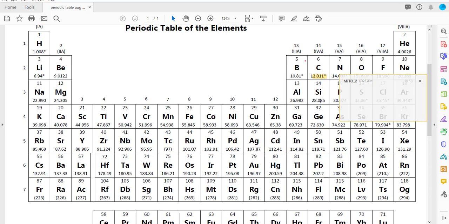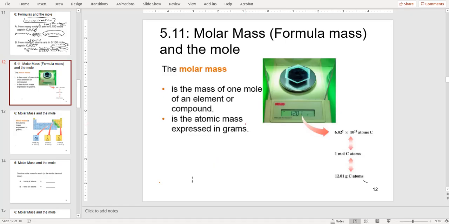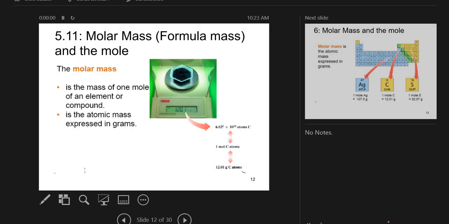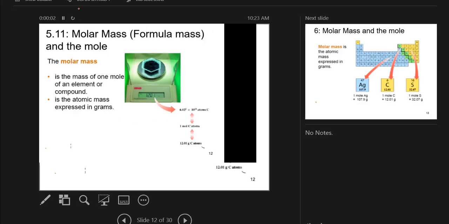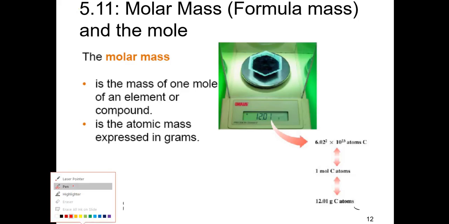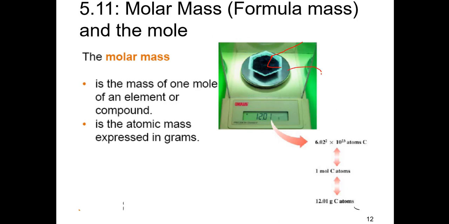Now, we have another term for the atomic mass. We also call it a molar mass. So if we were to measure out 1 mole of any substance, and it doesn't matter what it is, it can be any substance on the periodic table, such as carbon, and put it on a mass balance, whatever that weight is, we call the molar mass.